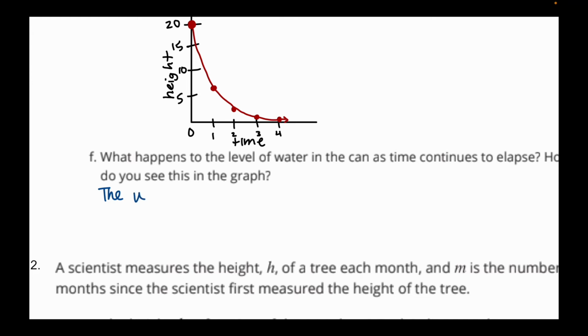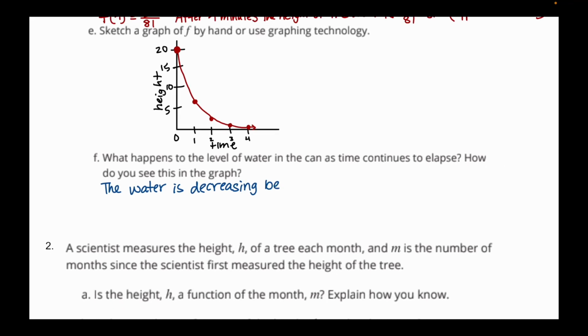The water is decreasing over time. Well, it's decreasing because it's emptying out of a tube in the bottom. So because it is draining out, we'll say I, because how do you see this in the graph is the question.